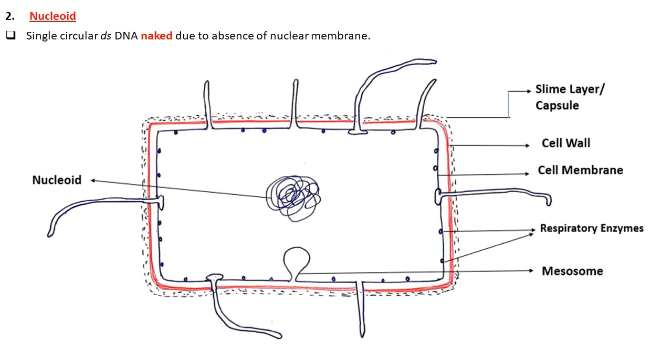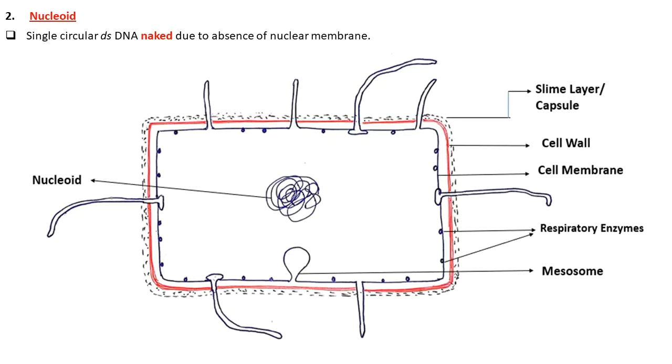This again we will take up in the third unit in detail. DNA usually is double-stranded in the higher forms, but even in prokaryotes, in bacteria also, the DNA is double-stranded, means DS DNA, double-stranded DNA. The term naked stands here for they don't have a nuclear envelope. So that is the next structure, the nucleoid.